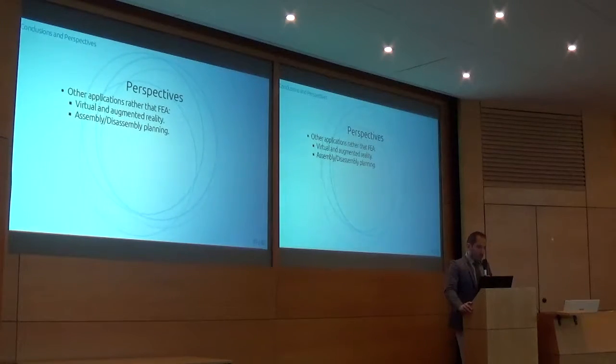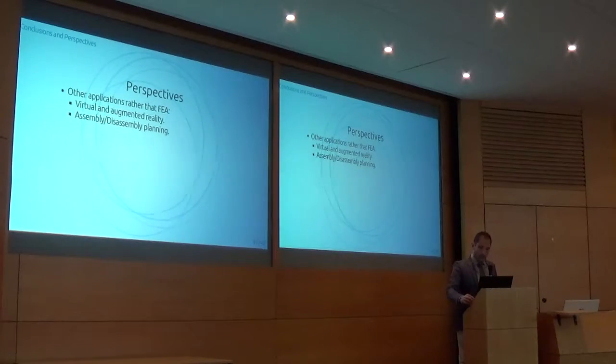Now, in perspectives, other applications rather than finite element analysis purposes can be considered, such as virtual and augmented reality and assembly and disassembly planning, where newly acquired functional and kinematic properties can be applied to this end.